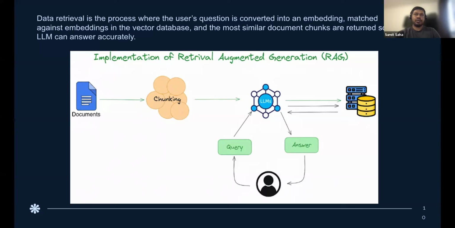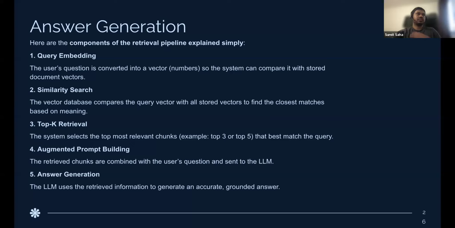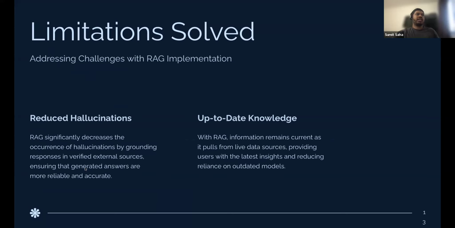So the answer is more appropriate, as it updates its knowledge with the data it gets from those documents. In the retrieval pipeline, a few things are happening: querying, similarity search, retrieval, augmented generation. I will go to the next one.